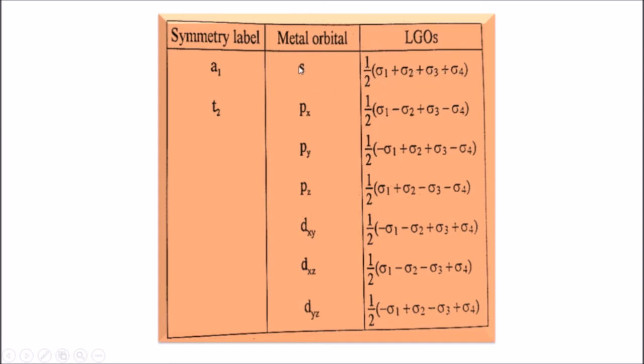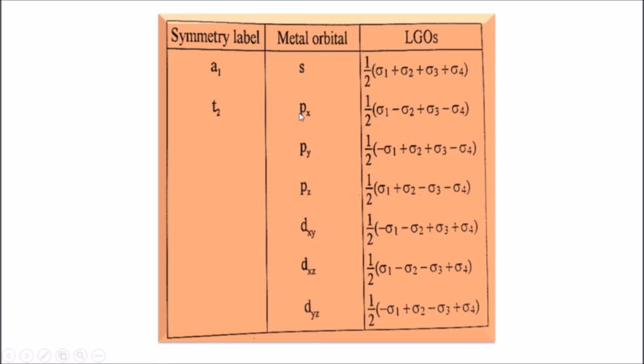You know that the s orbital is spherical in shape and spread in all directions equally and symmetrically, and therefore all the ligands, coming from either the axial side or the planar side, have to interact with the 4s orbital, and therefore all interactions are positive, sigma 1, 2, 3, and 4.